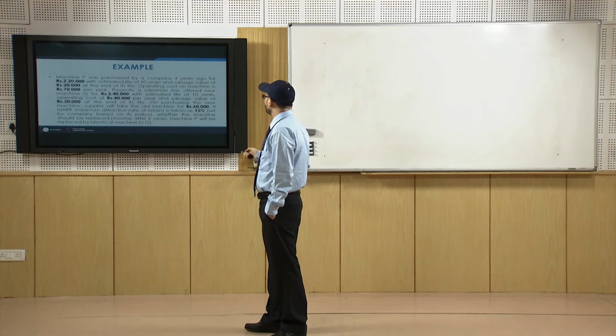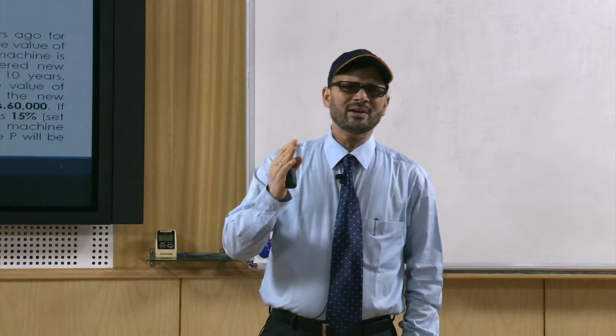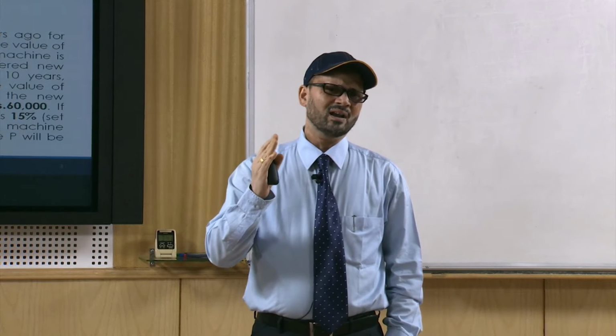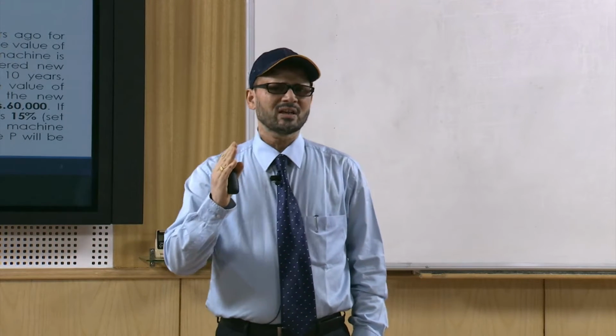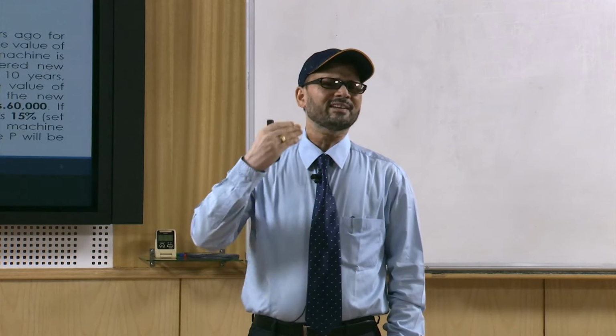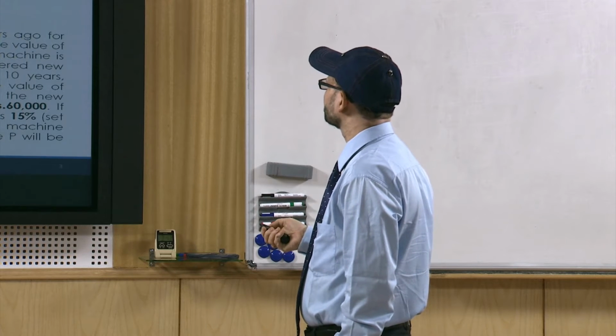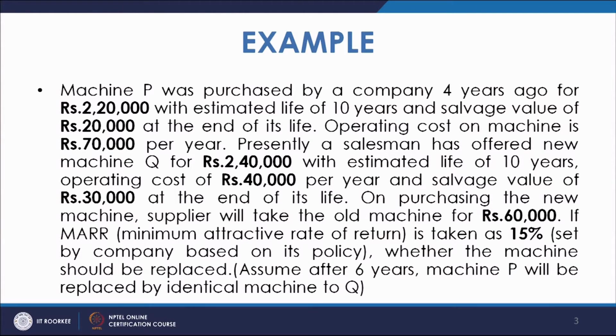The minimum attractive rate of return is the one which the company sets, based on the minimum return it expects on its investment, and it has been taken as 15%. So basically the rate of interest is 15%.